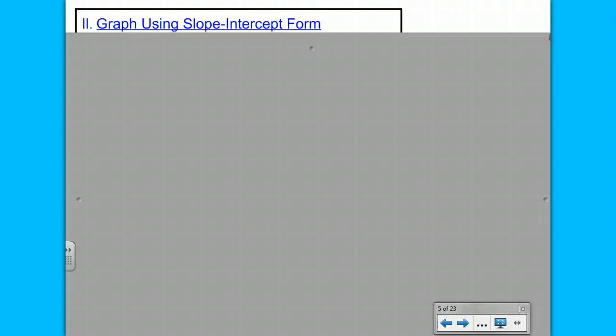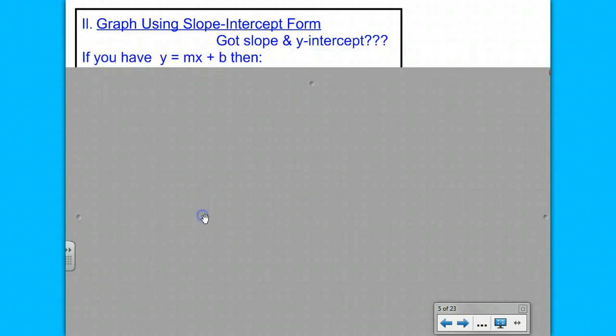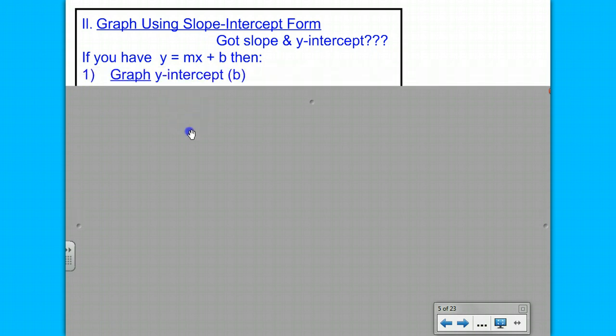Okay? Let's just put the steps down to graphing using slope y-intercept form. Okay? So got slope and y-intercept. If you have y equals mx plus b, slope y-intercept form, then what was the first thing we did? Okay, good. And then we graphed the y-intercept. That's the starting point.